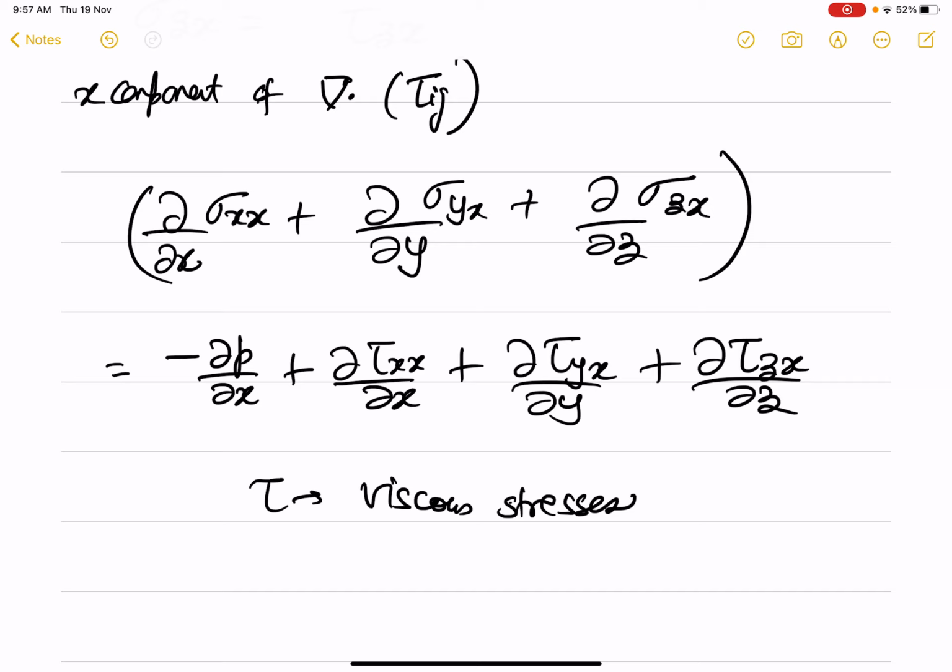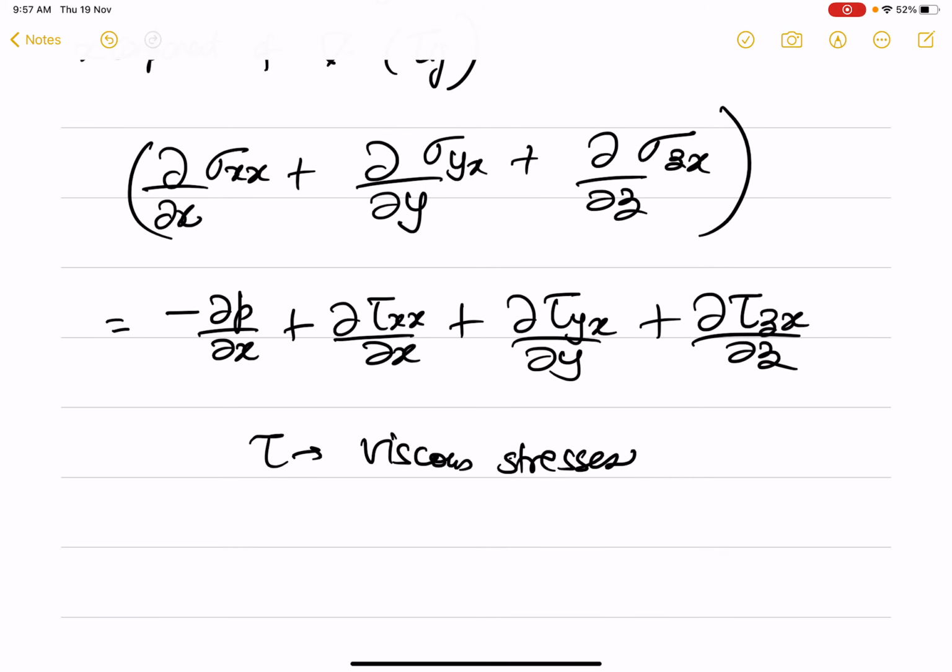So therefore what we can see is, if you write this del dot sigma ij in i, j and k components, the i component is minus partial p by partial x, the j component similarly will have minus partial p by partial y, and the k component will have minus partial p by partial z.